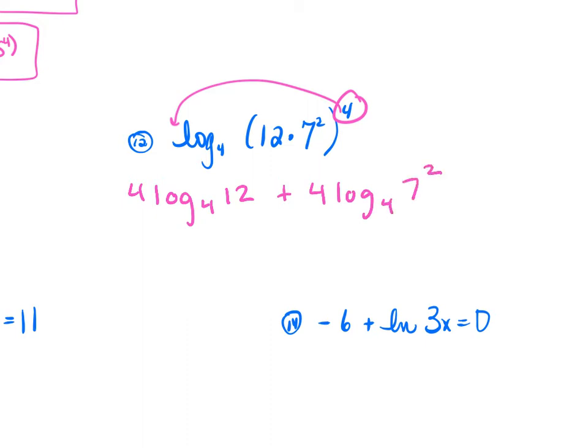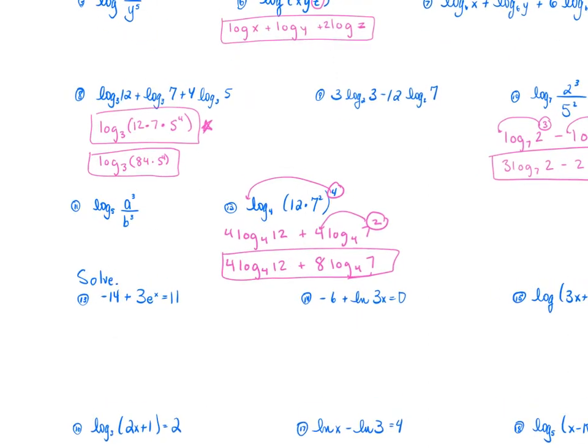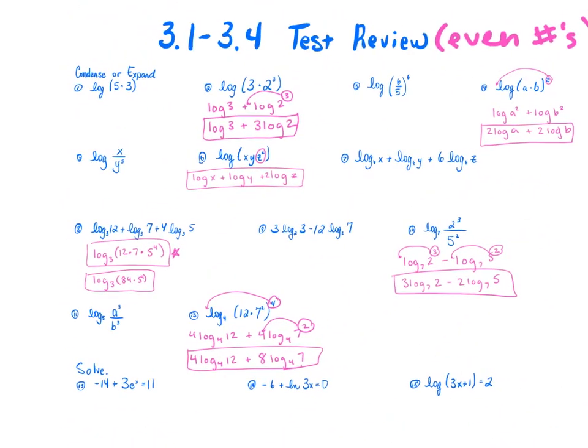What else can we do here? Yep, so we have to move this exponent to the front, and since there's already a 4 there, we just multiply the two numbers together. So this would be 4 log base 4 of 12 plus 8 log base 4 of 7. Okay, is that it from condensing and expanding? Yes. Any questions on the first part?